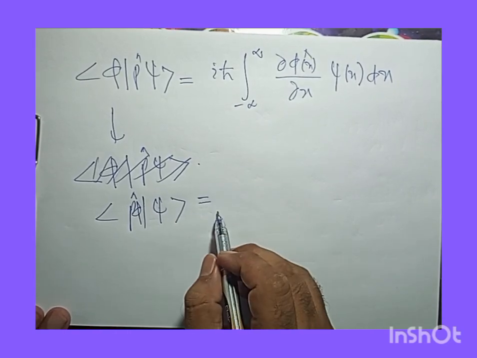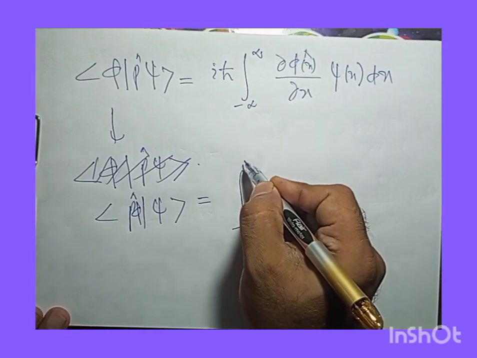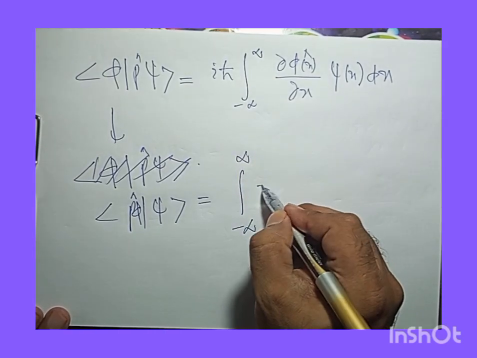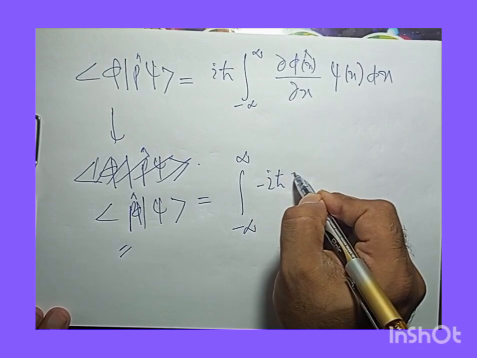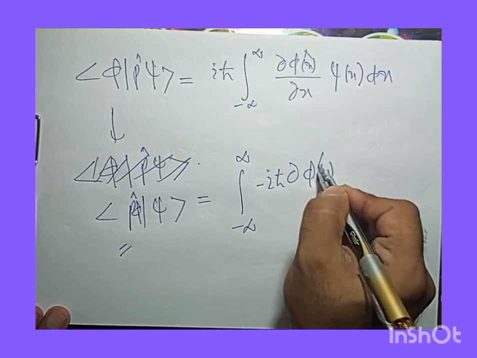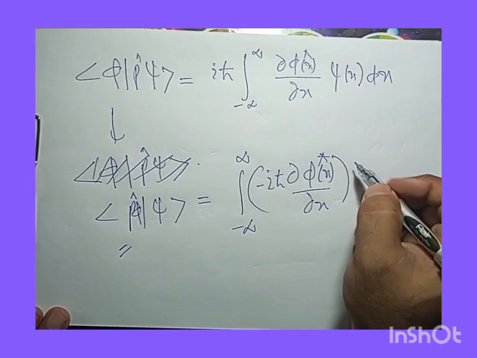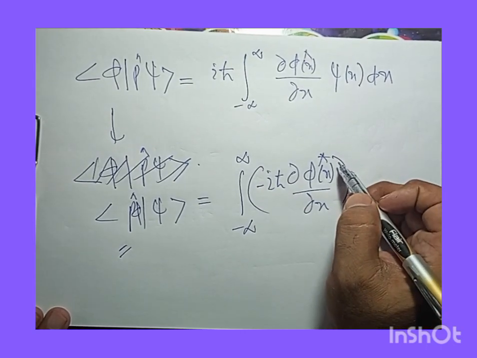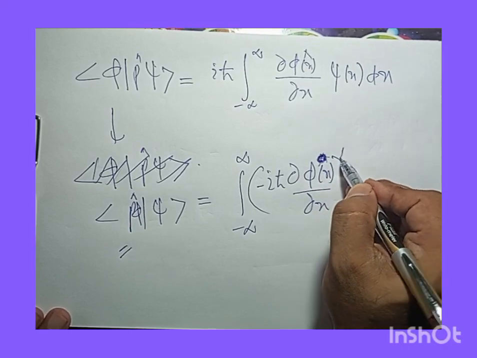So how can we write this in terms of integrals? We can write this as the integral from minus infinity to infinity, where for this p cap we have minus i h cross dou phi of x by dou x, and this whole thing has a star.